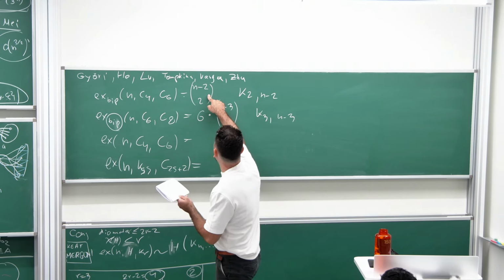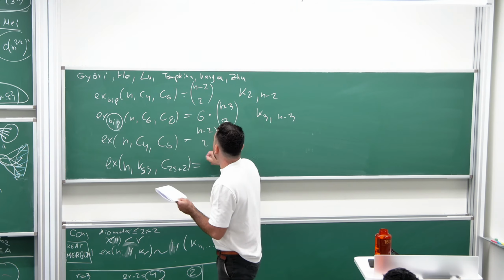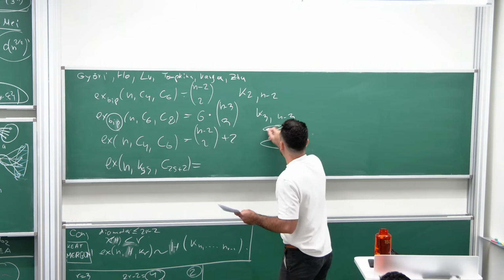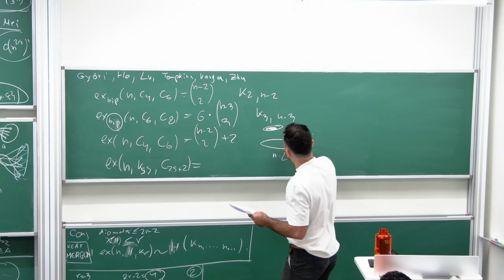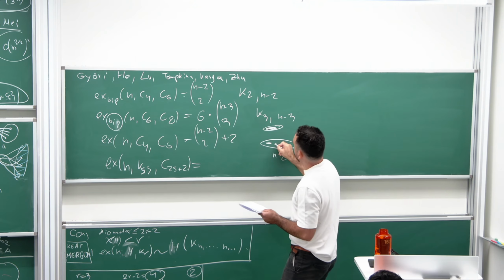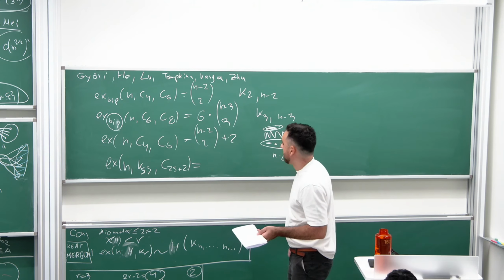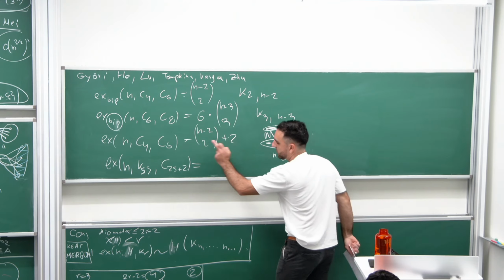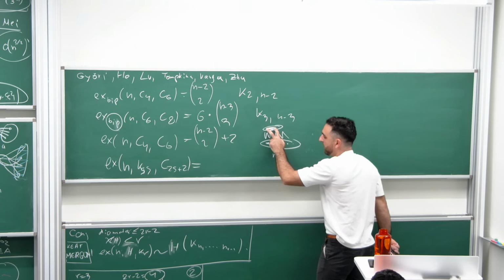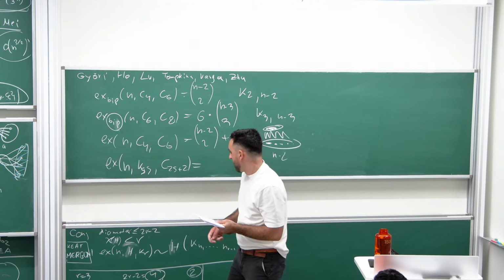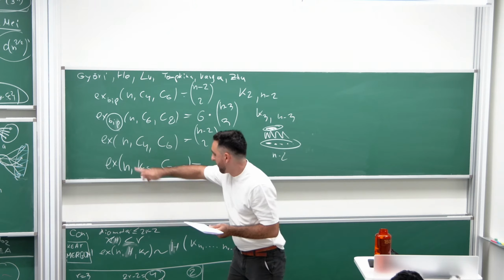Here we have the same number, but we can do +2, which is 2 vertices upstairs and n minus 2 downstairs. We have one edge up, one edge down. This is +2 and all edges in between. So +2 means +2 for C4s, because we add these two edges, and those two edges give you that +2 of the number of C4s.